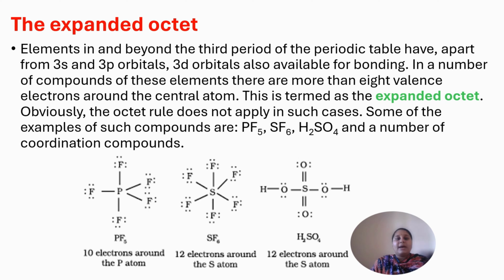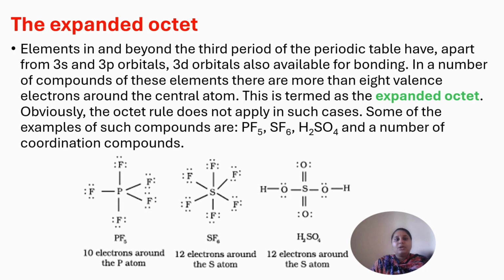The electron gain enthalpy, delta EGH, is the enthalpy change when a gaseous atom in its ground state gains an electron. This electron gain process may be exothermic or endothermic, whereas ionization, on the other hand, is always endothermic.